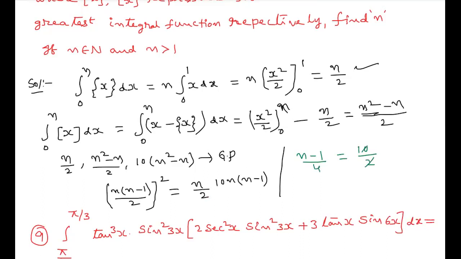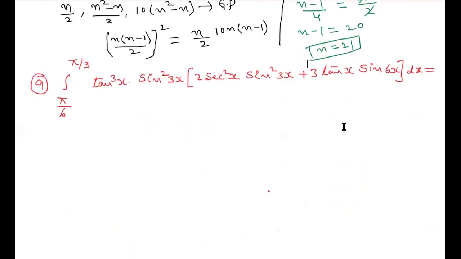This is 2 5s are 10. n minus 1 is equal to 20, n is equal to 21. So 21 is a natural number and greater than 1. So I think n is equal to 21 is the correct answer.